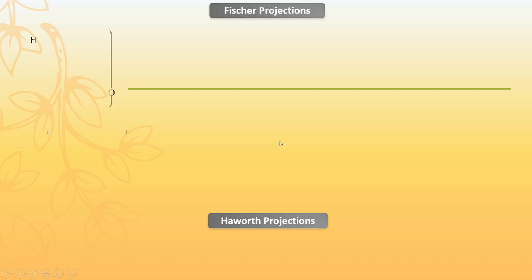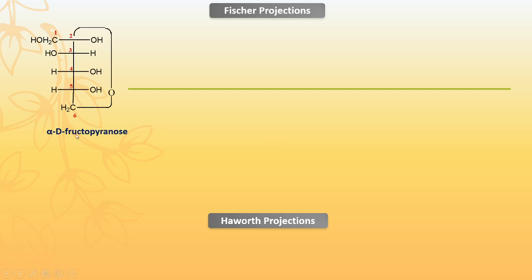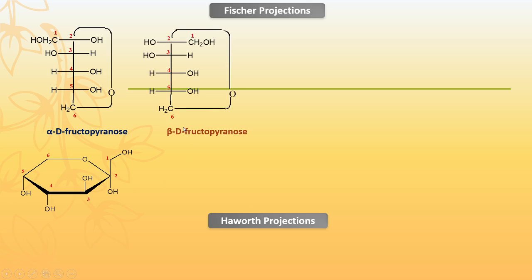Here are some examples. The alpha D-fructopyranose, and the structure for the Haworth projection is like this. This is the beta D-fructopyranose. This is the Haworth structure for the beta D-fructopyranose.